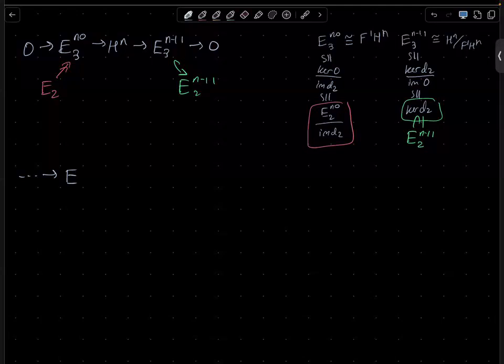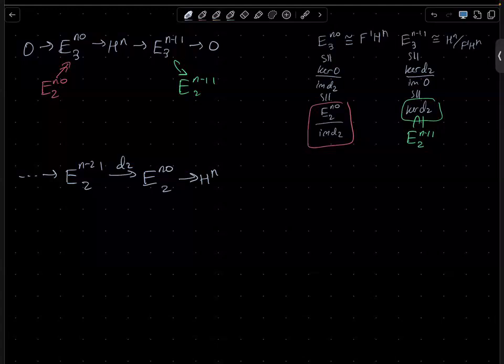This is always a horrible headache with indices. So E n minus 2, 1, sub 2, that maps by D2 into E n0, 2, which maps into Hn. That's that map above the surjection, and here, oops, this should be n0, my bad.